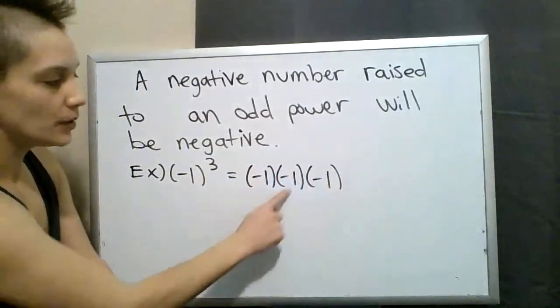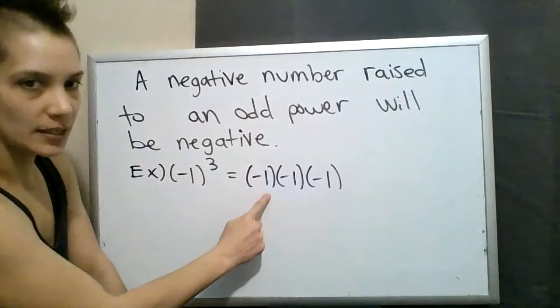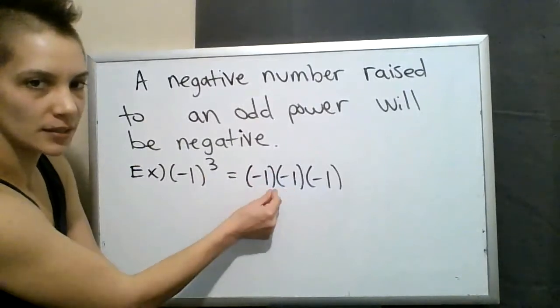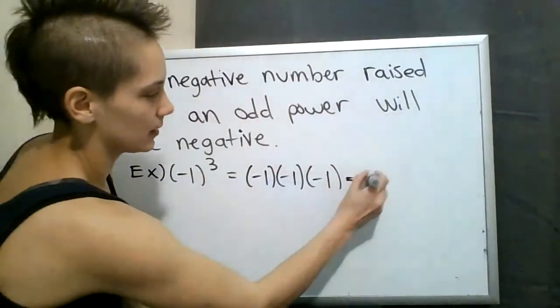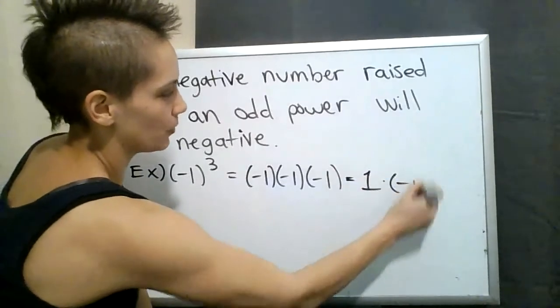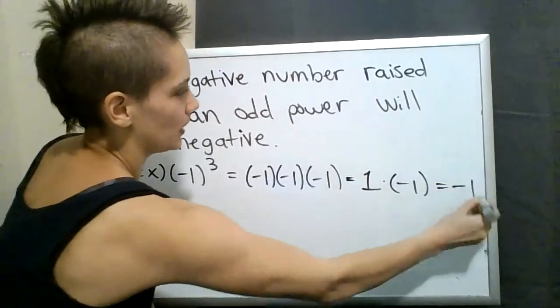When you have 2 negatives multiplied together, you have a positive. So this is +1. So it's that -1. Just -1.